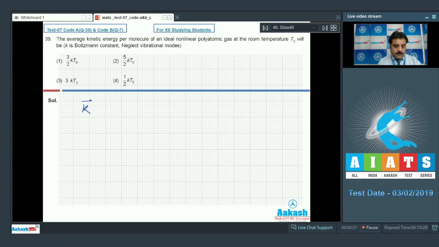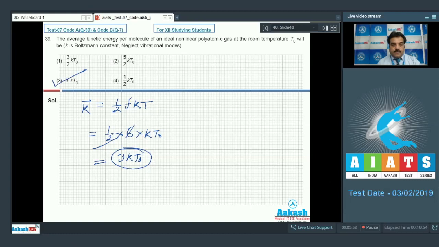This energy is given by 1/2 times degree of freedom f, Boltzmann constant and absolute temperature T. If I place the values, 1/2, the degree of freedom will be 6, and K T0. This is a basic question, you will get 3K times T0. That will give you the answer, and my option number 3 will be the right choice. Let's move on, question number 40.